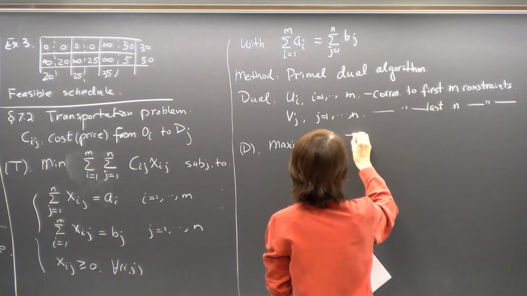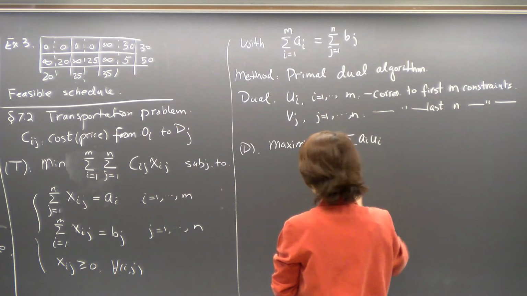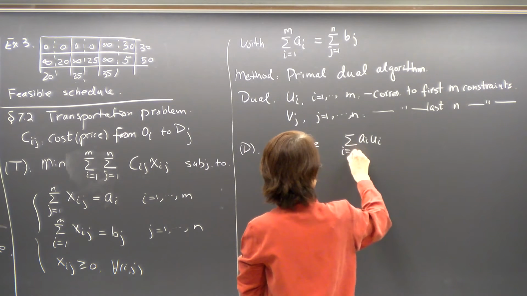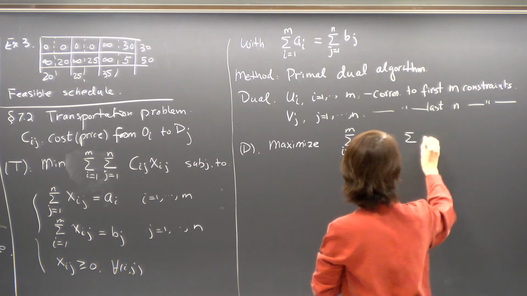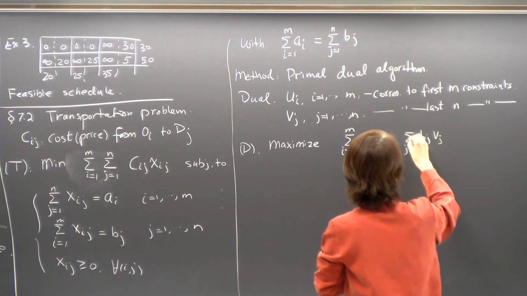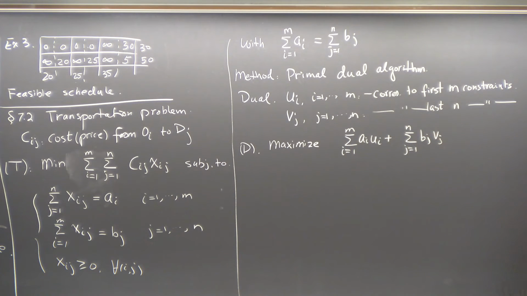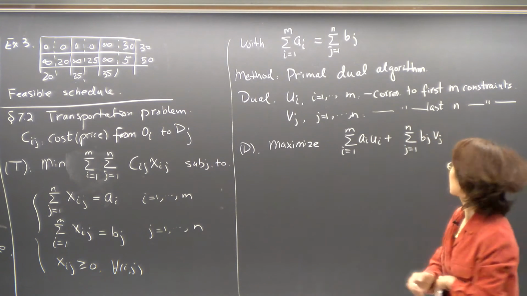I will be adding up all ai times ui, i from 1 to m, plus the second part, summing over vj, j from 1 to n. That will be my new cost. Minimizing changes to maximizing.